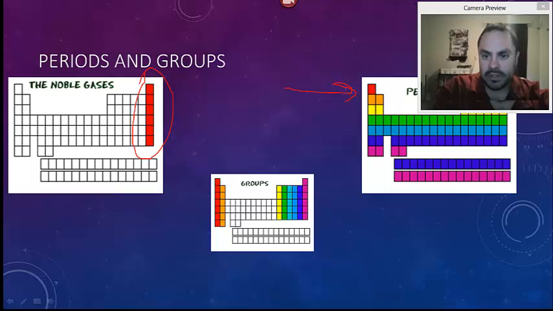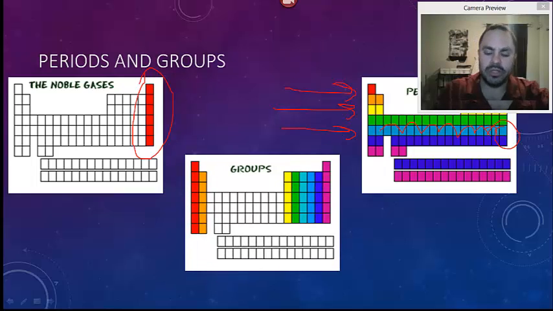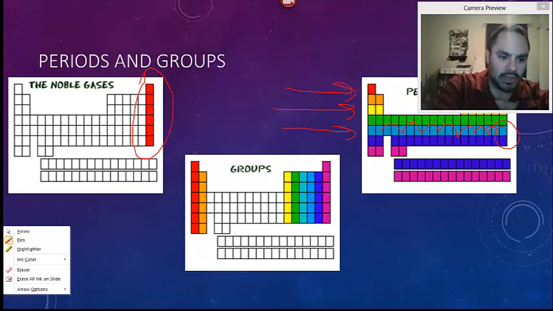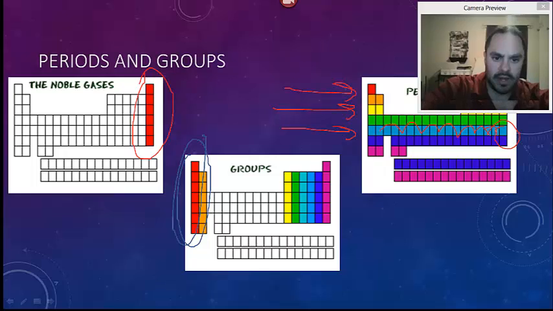Periods go this way, and there are some commonalities between these rows as you see across. What they will do is you will see the increasing number of electrons being filled until you get to the ultimate noble gases. But more importantly for us is going to be the groups. So I want you to look at the groups really quickly. When you look at this group right here, those guys are very much in need of losing that electron.